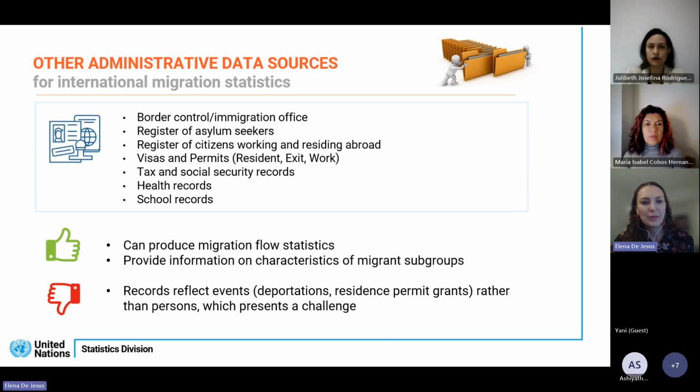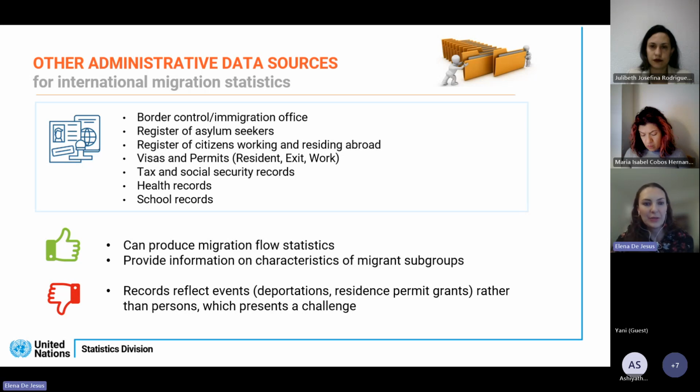But it can also include health records, school records, etc. And certain kinds of administrative data can be used to produce migration flow statistics, for example, border control entries and exits, the granting of residency permits, work permits, things like that. And these records can provide information on the characteristics of different migrant subgroups.